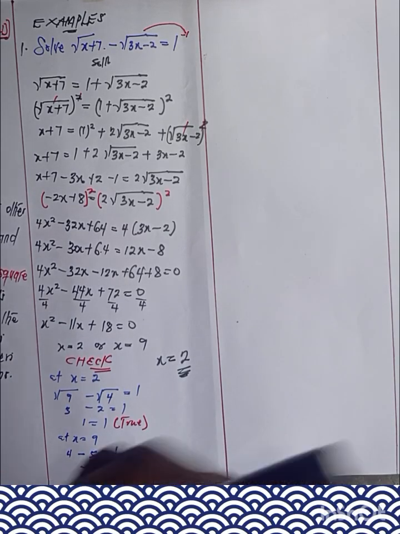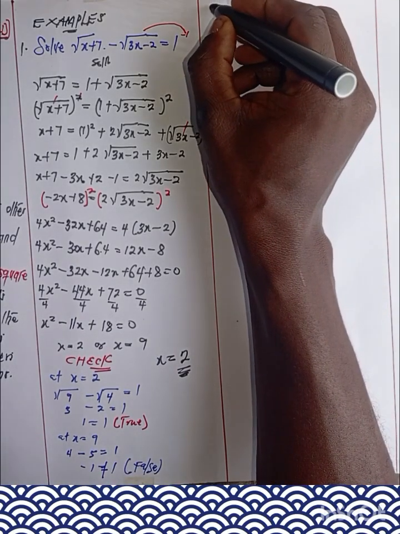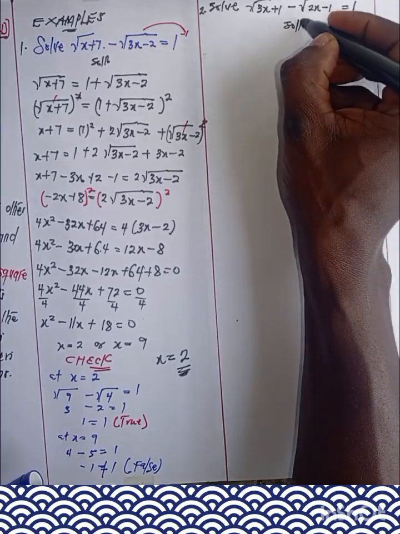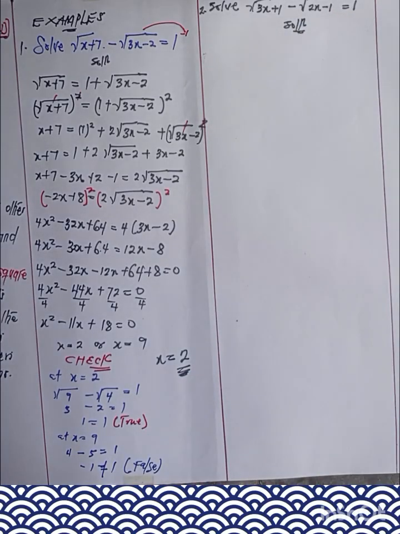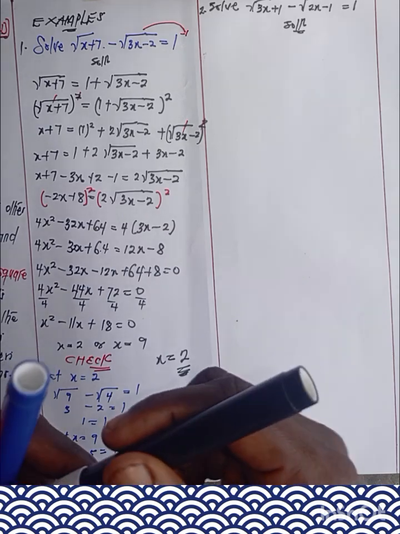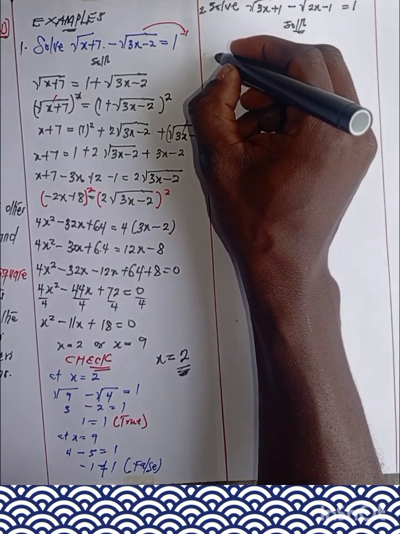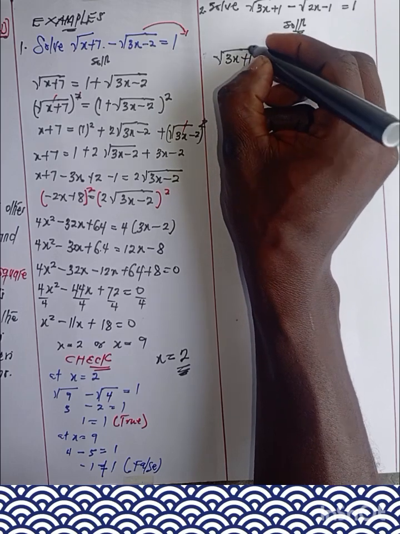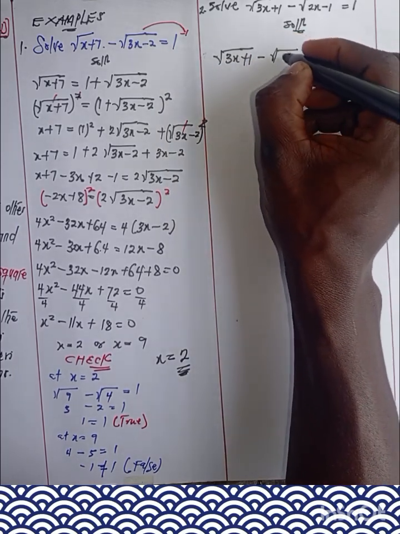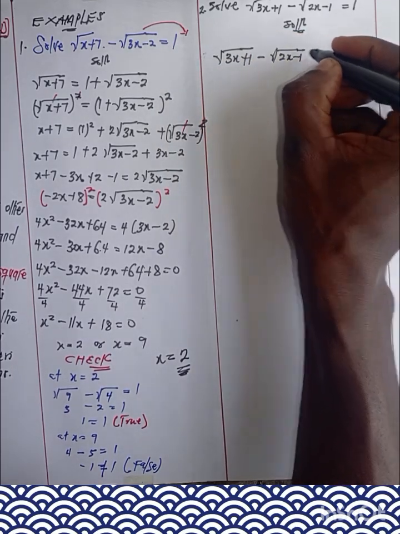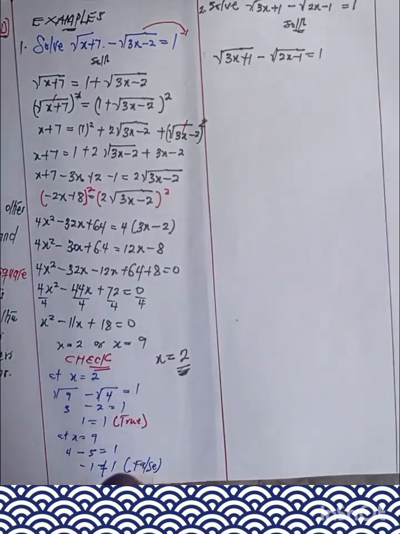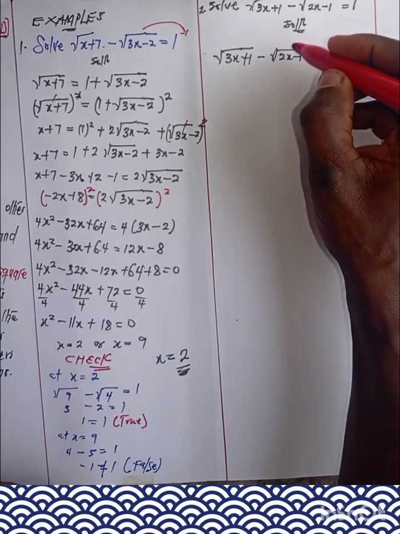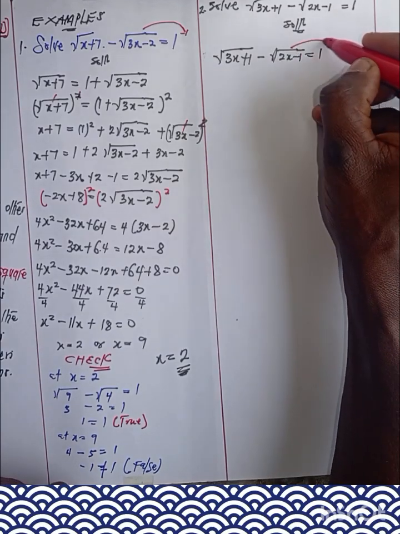Example 2, we are to solve, so we are following the steps. Let's write the question here. So the first step is to isolate one of the radicals by transferring one of the terms in the equation to the other side.